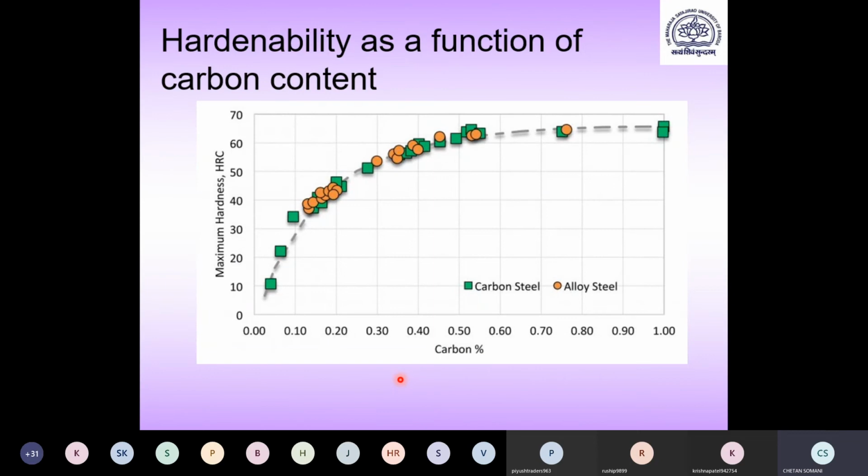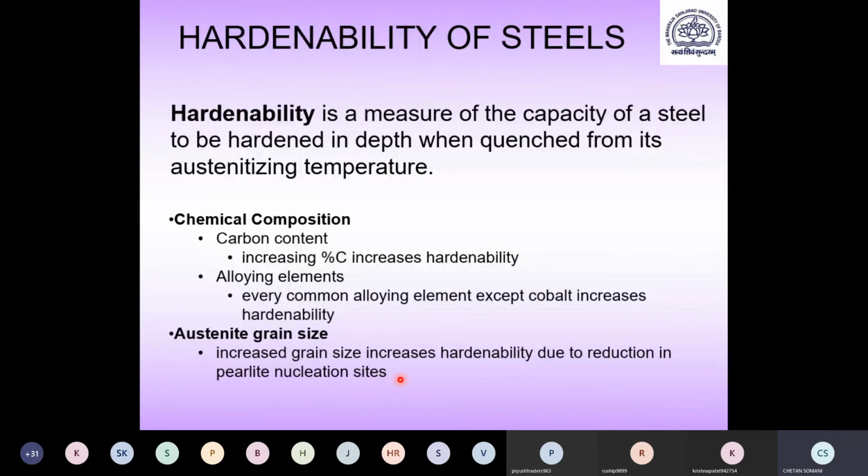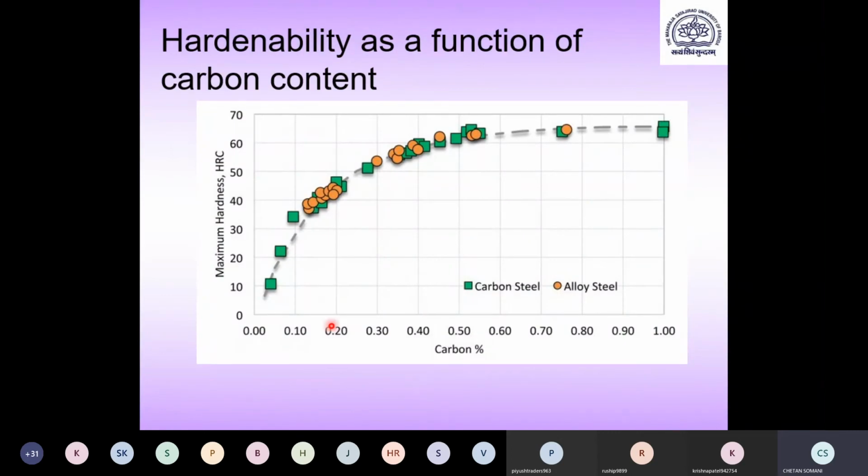Now you can see your first point, carbon content. Increasing carbon content increases hardenability. So there is a graph, with carbon from 0 to 1. This is hypoeutectoid, this is eutectoid. As carbon increases, hardness also increases, but near about 1% carbon you get a stable line, that is saturation of hardening ability, and therefore we have to add alloying elements.